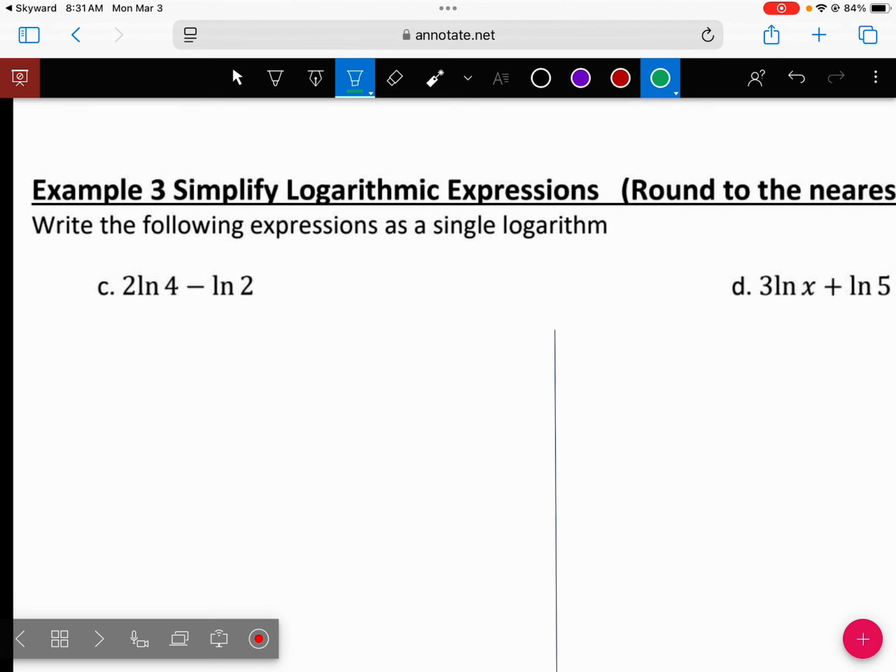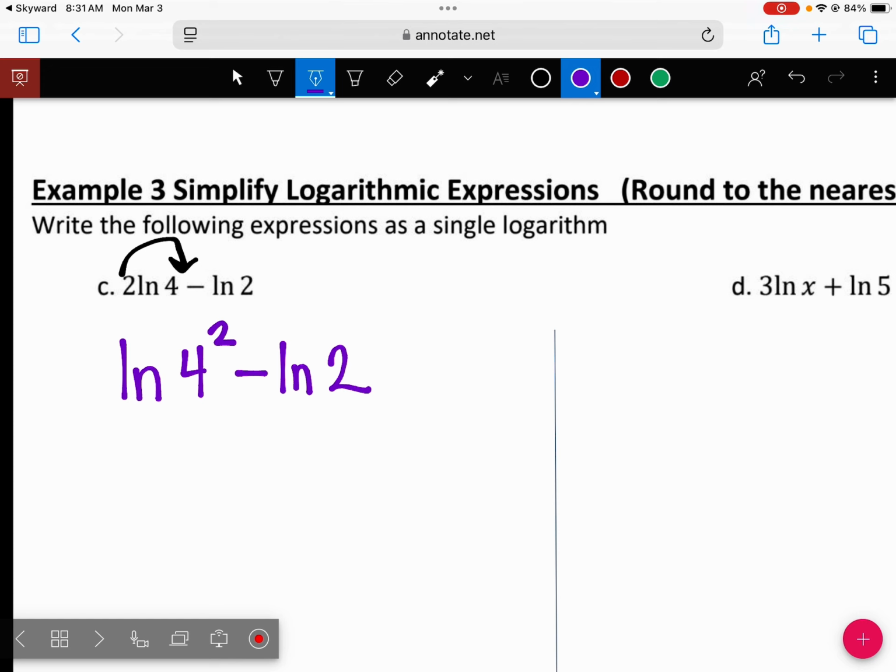All right, last 2. Now we have an exponent. First thing we're going to do is move the 2. It becomes an exponent. So that would be the natural log of 4 squared minus the natural log of 2. And 4 squared is 16. So now we have the natural log of 16 minus the natural log of 2. Subtraction becomes a what?